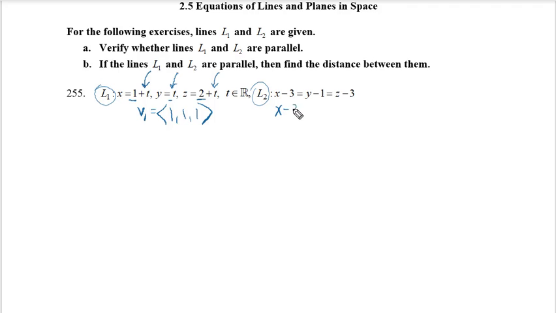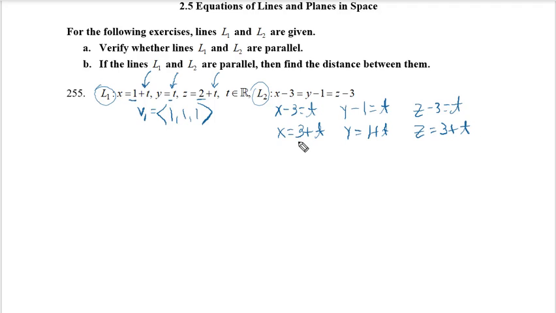The x minus 3 is a t, the y minus 1 is a t, and the z minus 3 is a t. So this makes x equals 3 plus t, y equals 1 plus t, and z equals 3 plus t.